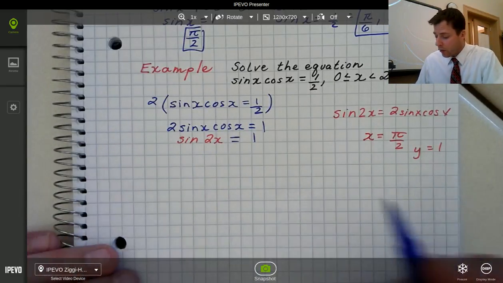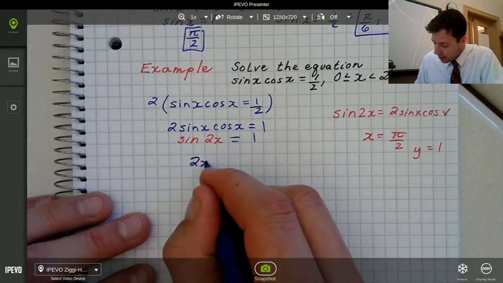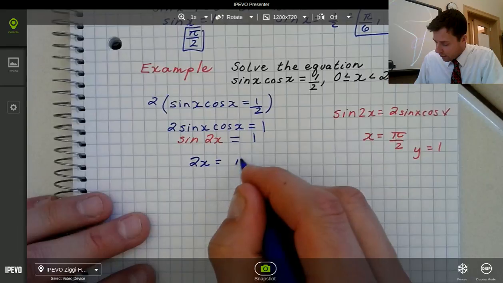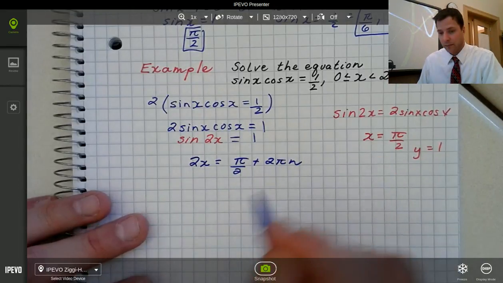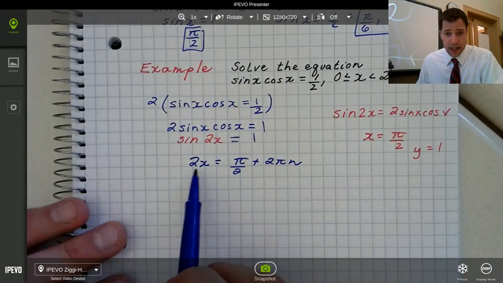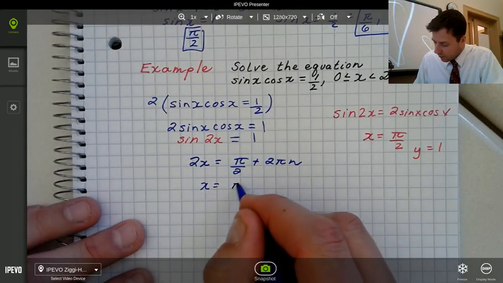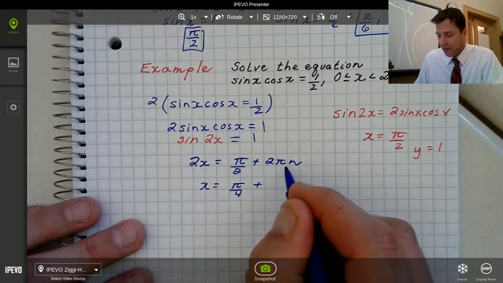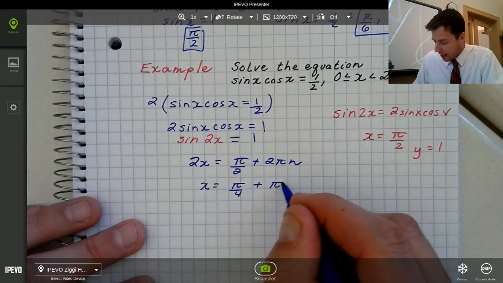But what we have to do is look at the general statement. So we're going to take 2x and set that equal to pi over 2 plus 2 pi n. Now we're going to solve for x by dividing everything by 2. So you're going to have x equals pi over 4 plus, if you divide 2 pi n by 2, you're just going to get pi n.